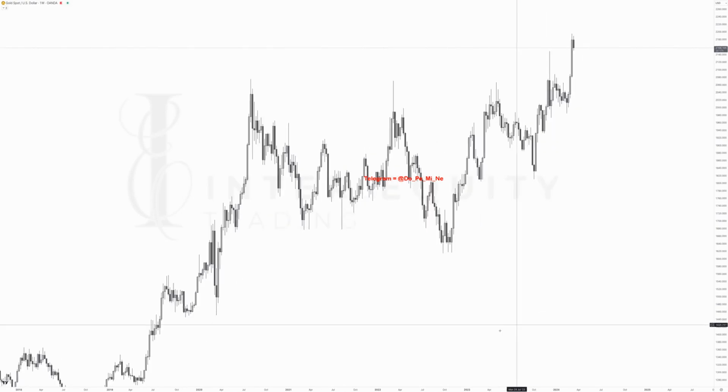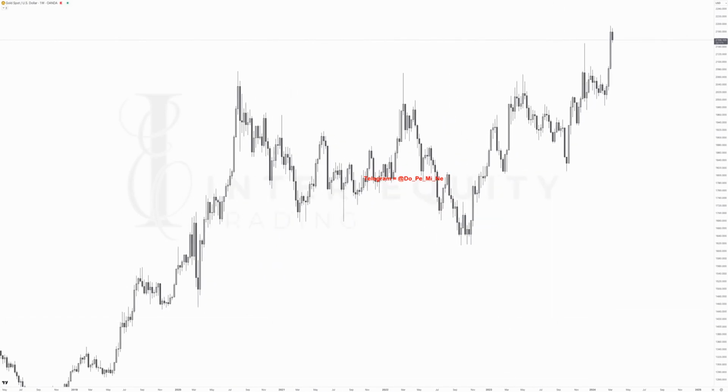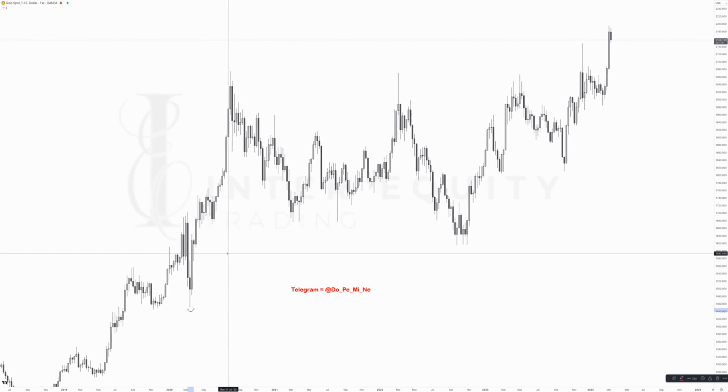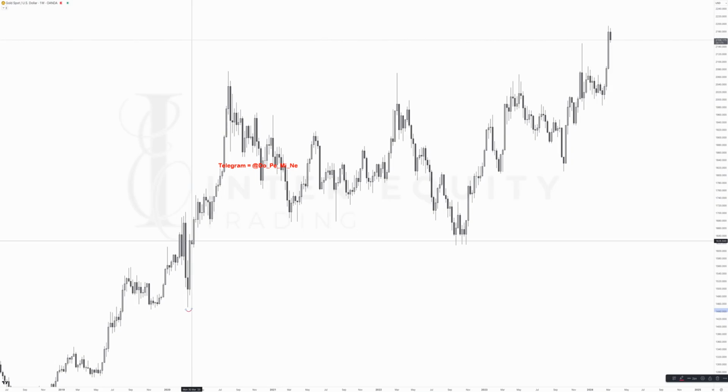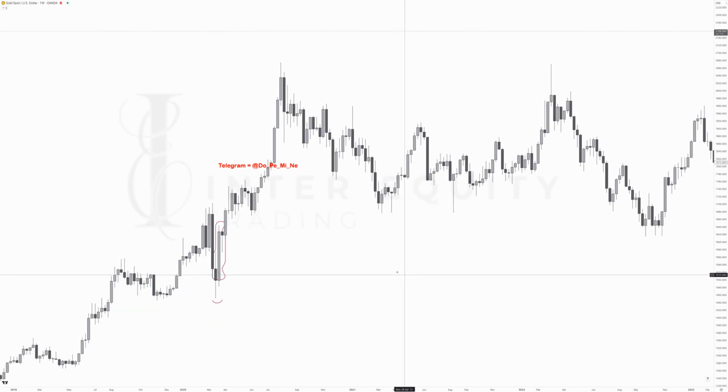All right, so we will start on the weekly time frame. As you can see, price printed this higher low and then impulsively moved to the upside, right? So when it impulsively moved to the upside, well, this candle in particular, if you look at that candle right there, it was an impulsive candle. There was actually no imbalance there, okay?